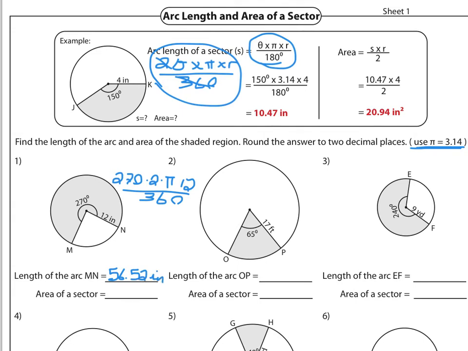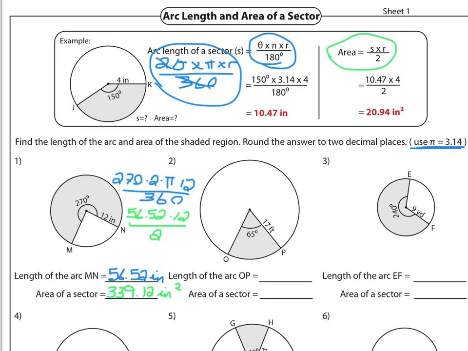Now, the area of a sector. For that one, we need to use the green formula. The first thing we need is our arc length, which was 56.52 times your radius, which is 12, all over 2. When you plug that in your calculator, you end up with 339.12, and this is an area, so inches squared.